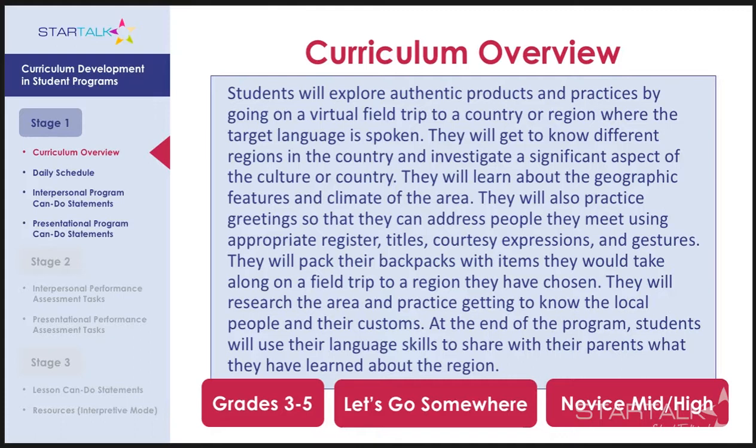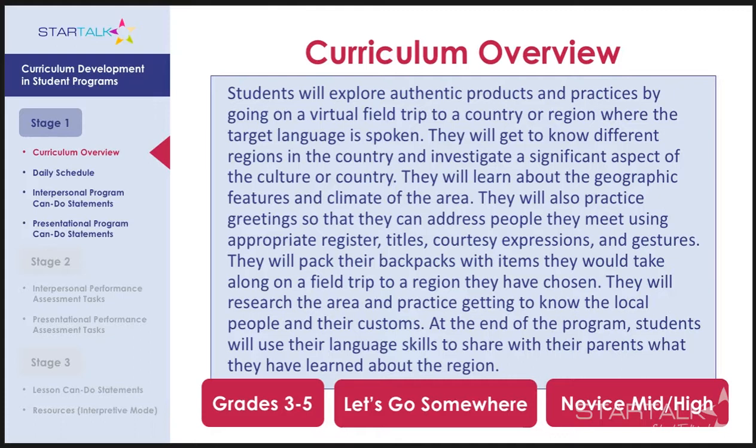In this case, you are looking at one of the STARTALK model curricula developed for grades 3 through 5 with the idea of a travel theme, let's go somewhere, developed that way so that any program could use the model curricula and identify what would work best for their particular situation, adjusting as necessary.